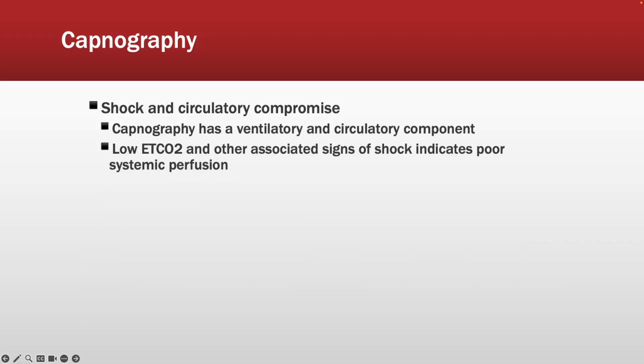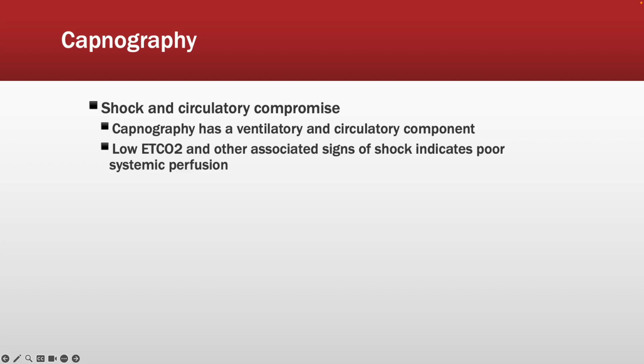Shock and circulatory compromise. Capnography has a ventilatory and a circulatory component. Low end-tidal CO2 and other associated signs of shock indicates poor systemic perfusion. Cannot stress that enough. It's not utilized enough.